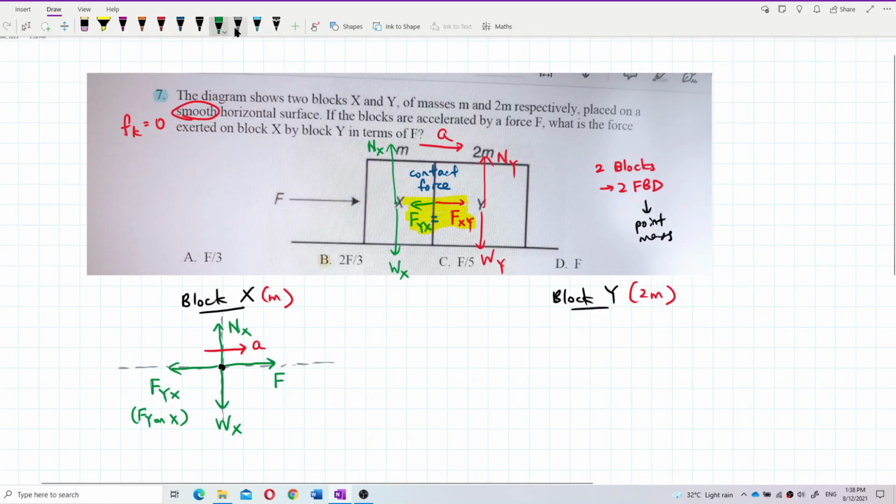Block y, draw the axis first. And then we have the point mass here.